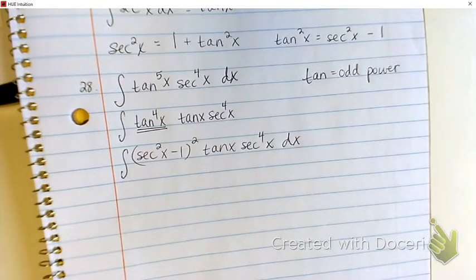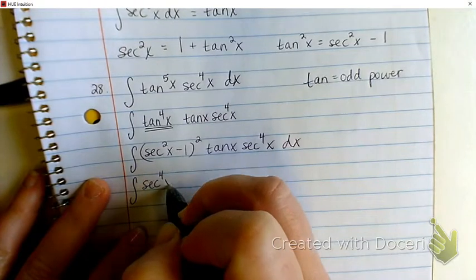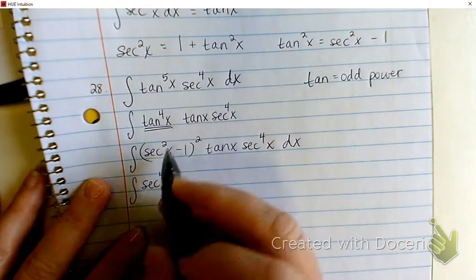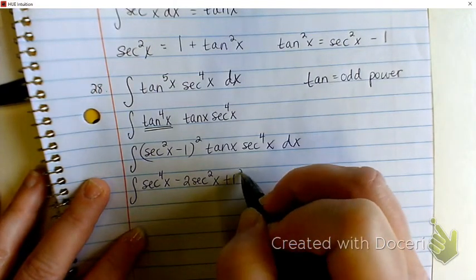Okay, so what do you think we'll do next? Square out the secant squared x minus 1. So that's secant to the 4th of x minus 2 secant squared of x plus 1.